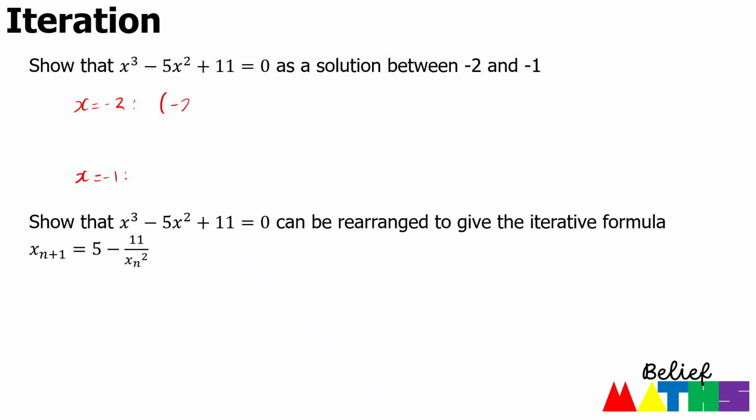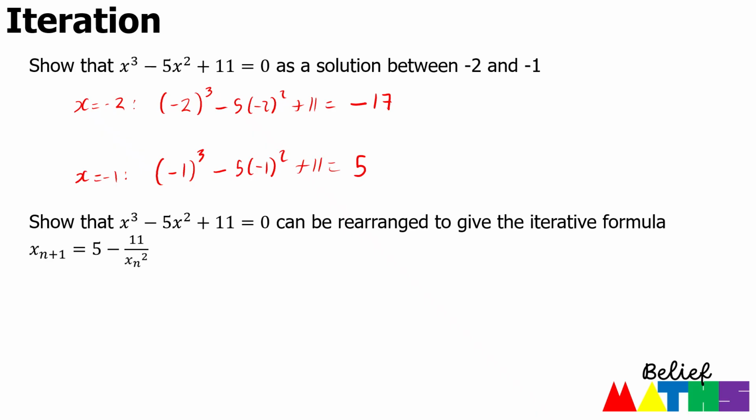So subbing in -2, you get -2 cubed minus 5 times -2 squared plus 11. And putting that into your calculator gives you an answer of -17. If we do the same thing with -1, again just subbing -1 in instead of -2, that gives us an answer of 5.